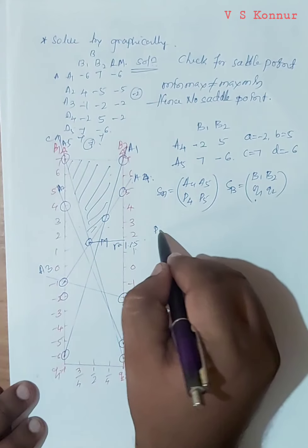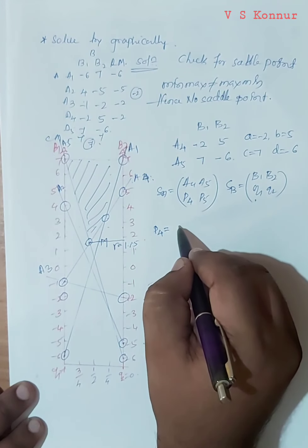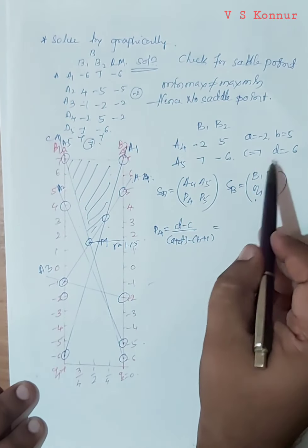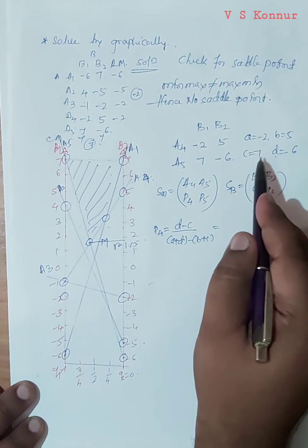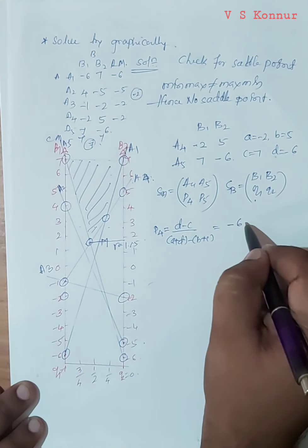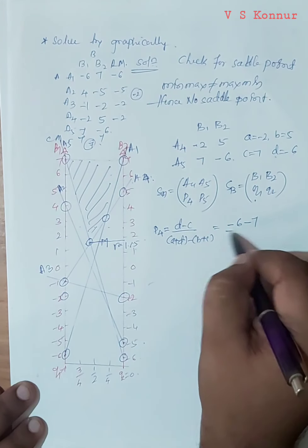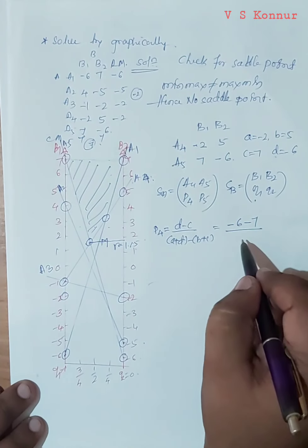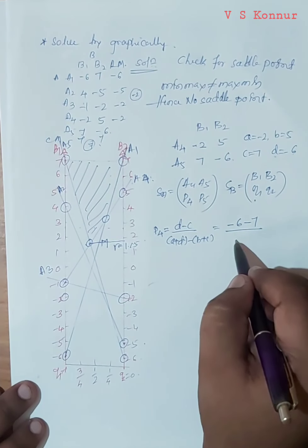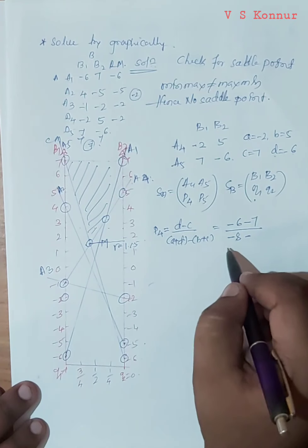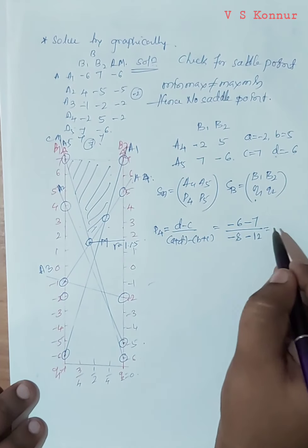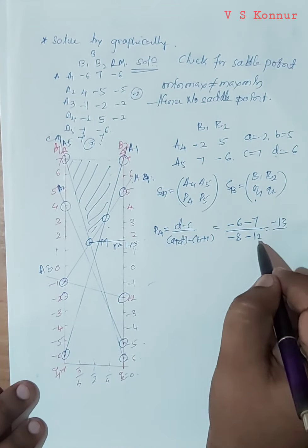Now we'll solve P4. The same formula will be there. D minus C divided by A plus D minus B plus C. That is equal to minus 6 minus 7, divided by A plus D, this is minus 2 minus 6, minus 8, minus 5 plus 7, 12, that is equal to minus 13 divided by minus 20.